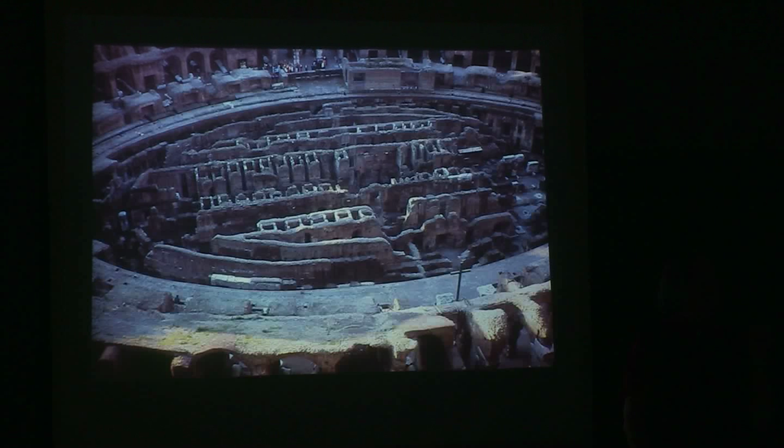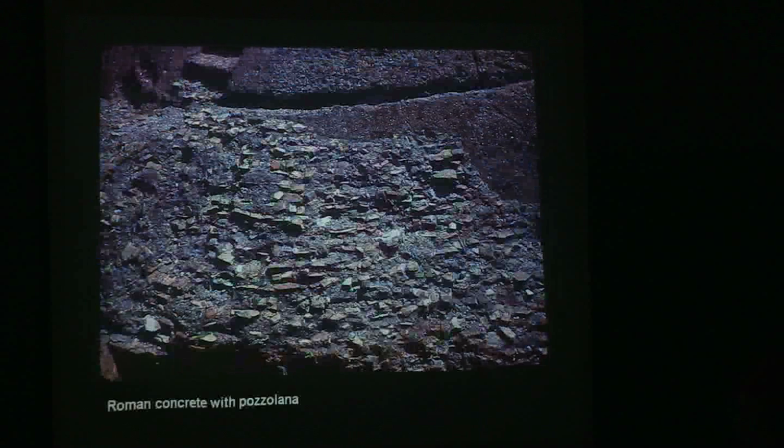You have large numbers of animals, and you have a very monumental architecture with a rather complex scenario that had different requirements. And the Roman architects and engineers could create a design like the Colosseum to accommodate all these needs.